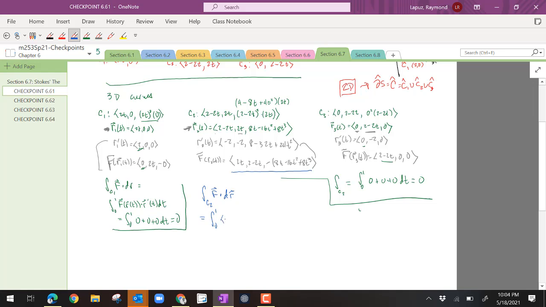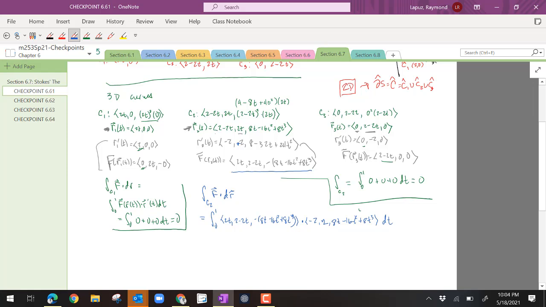Let's write it out. 2t comma 2 minus 2t comma negative 8t minus 16t squared plus 8t cubed dotted with r prime, which is minus 2 comma, this is positive 2, I think, minus 2 comma positive 2 comma 8t minus 16t squared plus 8t cubed dt.